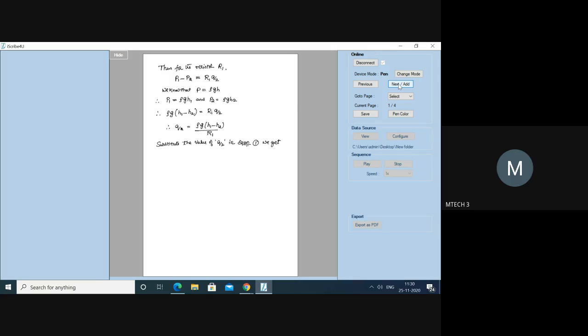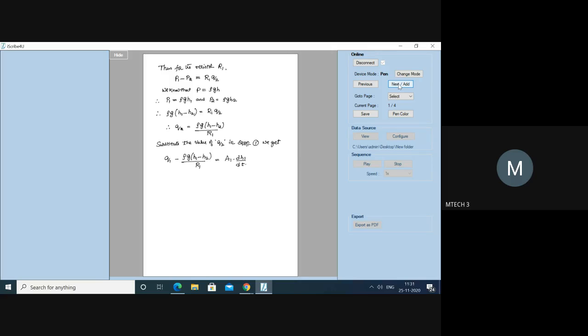Equation 1 was Q1 minus Q2 is equal to A1 into dH1 by dt. So I will write that Q1 minus Q2, where Q2 is rho g (H1 minus H2) by R1, is equal to A1 into dH1 by dt.